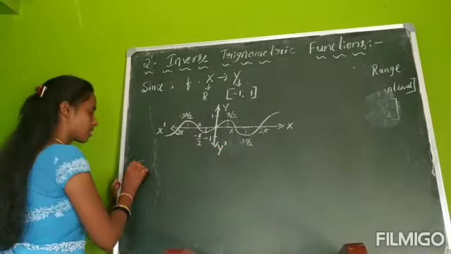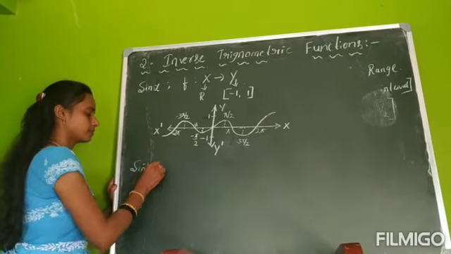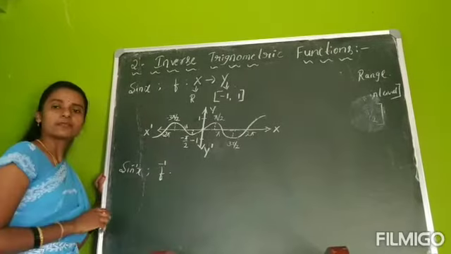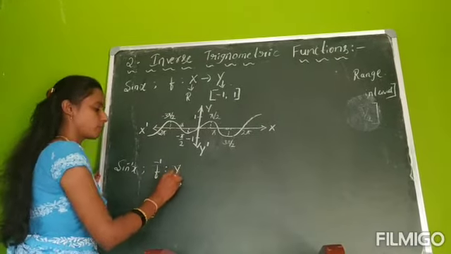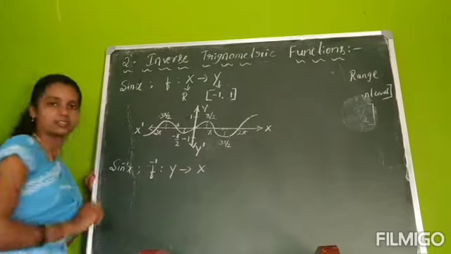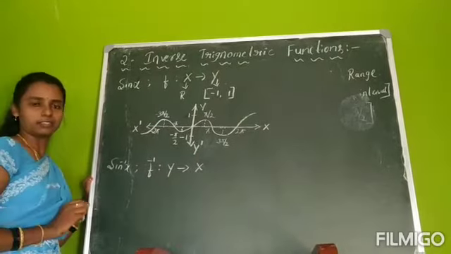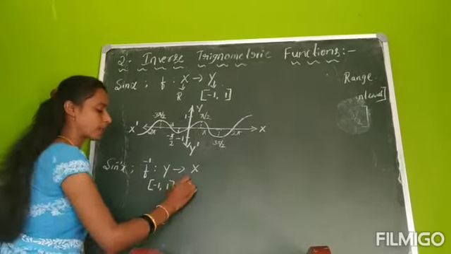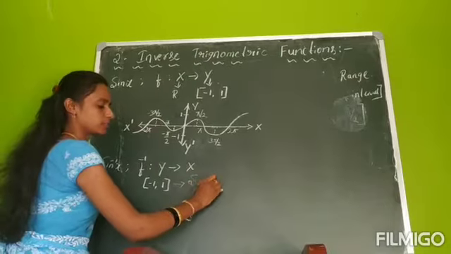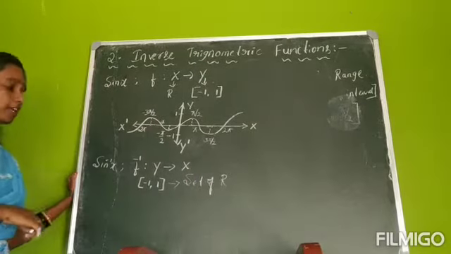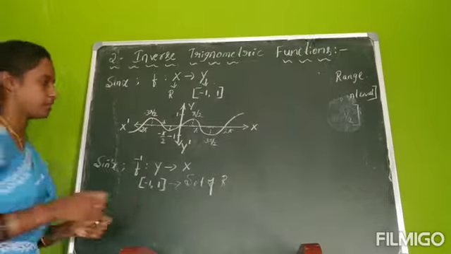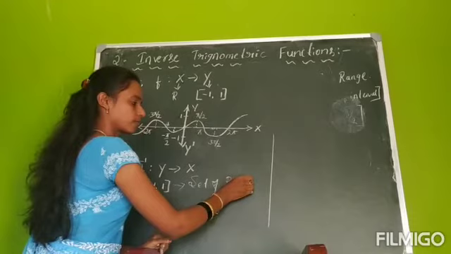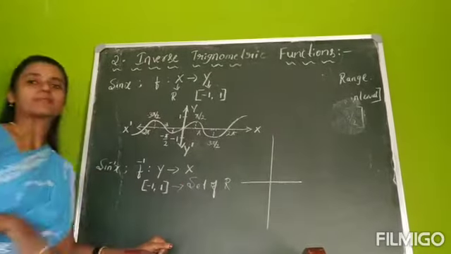Now if I go with sine inverse x, as I said, this is an inverse. Now this will be y and this maps to x. So y is here minus 1 comma 1, and this maps to the set of all real numbers. Then how exactly does this graph look?